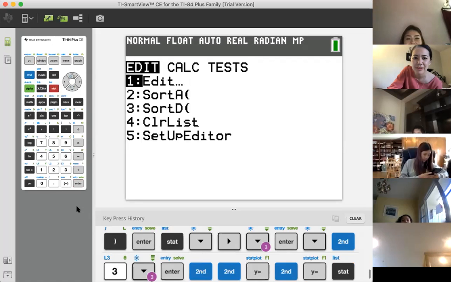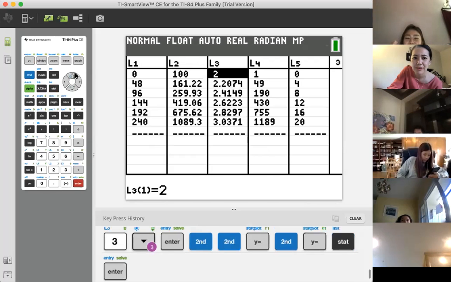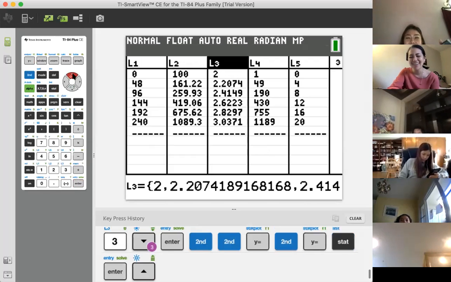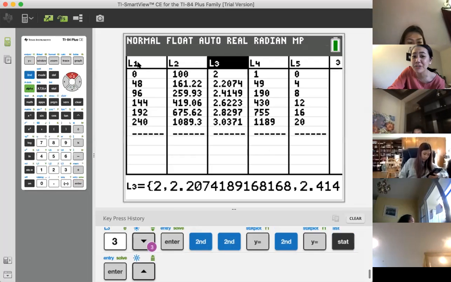When you're trying to see if it's linear or not, you only use L2 when you're, say, square rooting L1, right? Wait, hold on. I need to rethink how to rephrase my question, and I'll come back to you. I'm confusing myself even more. Give me 1 second. My graph was curved. Did you do L1, L3? Make sure you're not doing L1, L2. Okay, and you logged all the L2s? And you're getting all these numbers, the same ones as me?